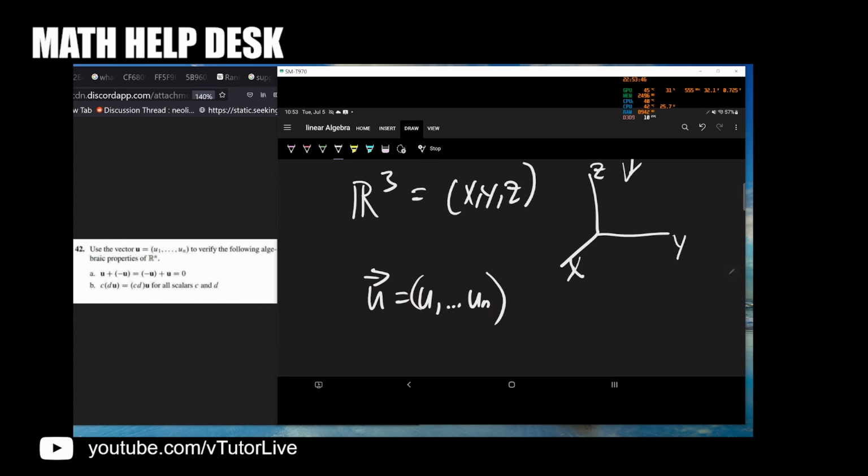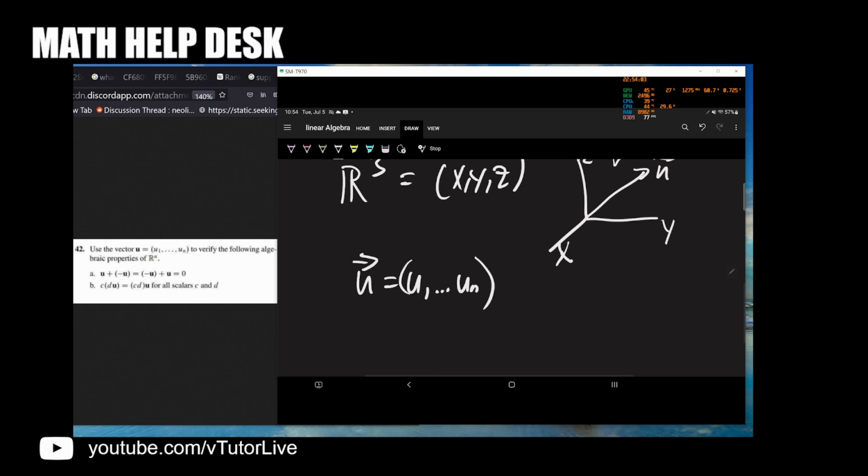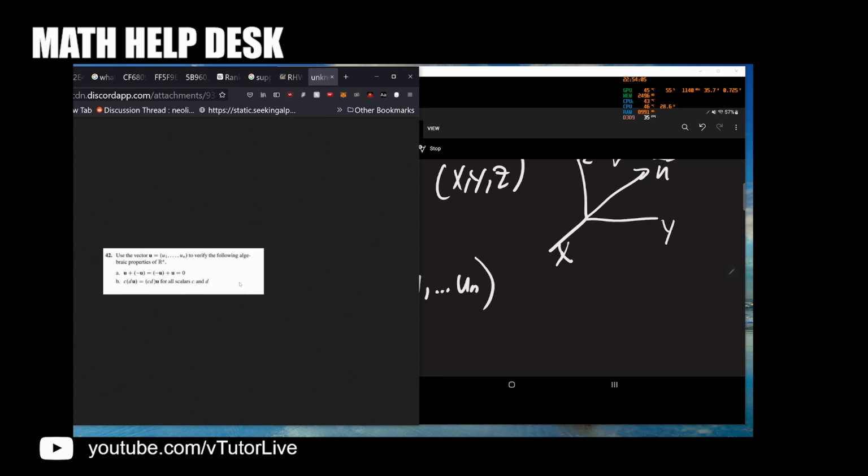It's basically saying show that for any vector u that exists inside this space, it could be the zero vector, some unit vector, some massive vector pointing in any direction, these properties are true.